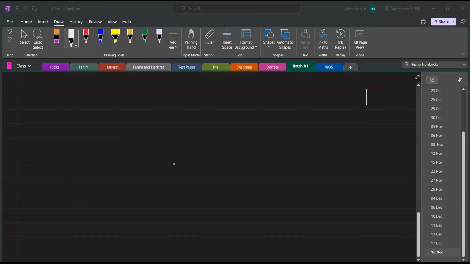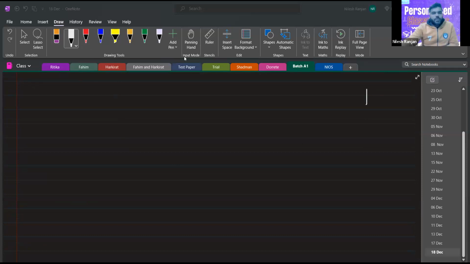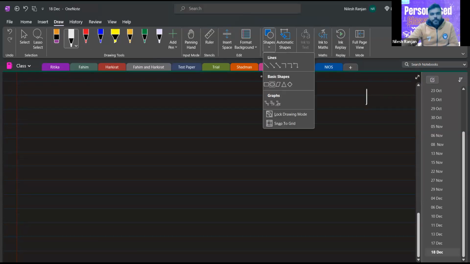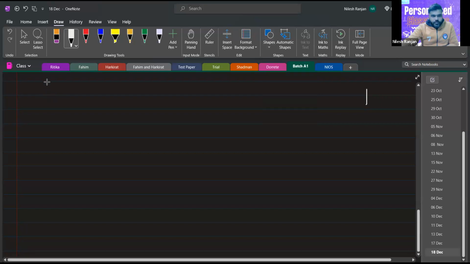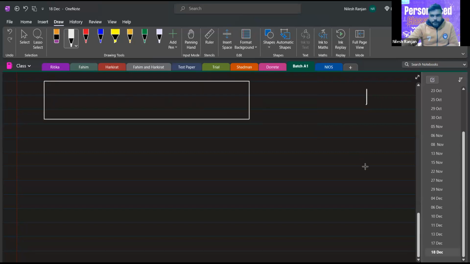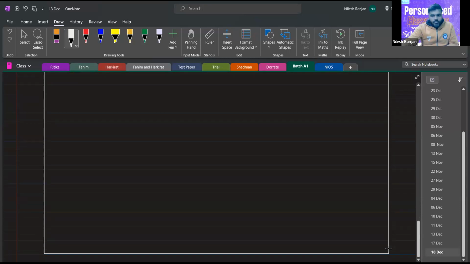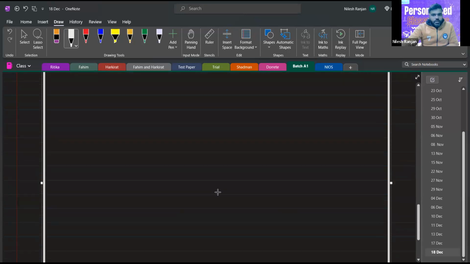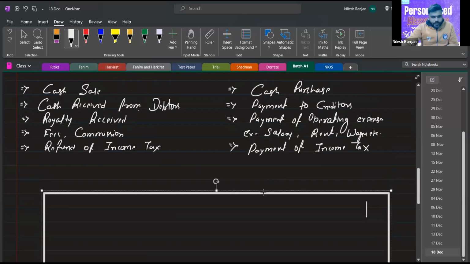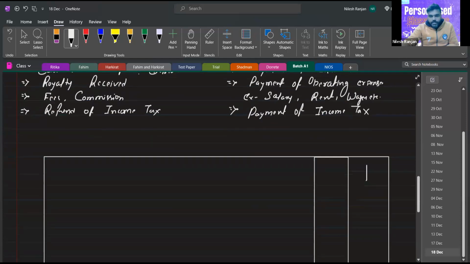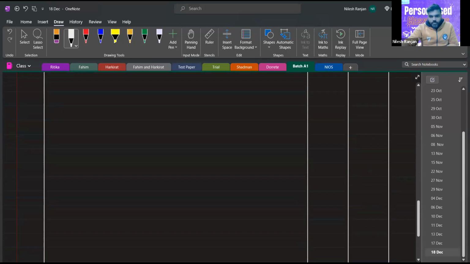Okay, now the format. Okay, so the format is the same as we have prepared the format of investing and financing activities.